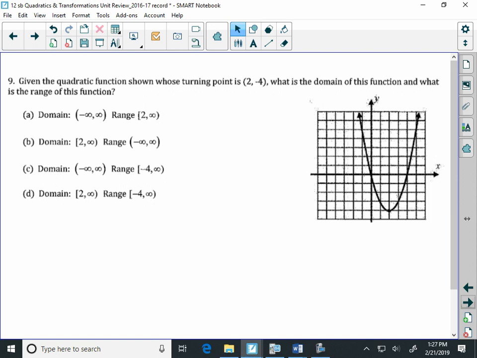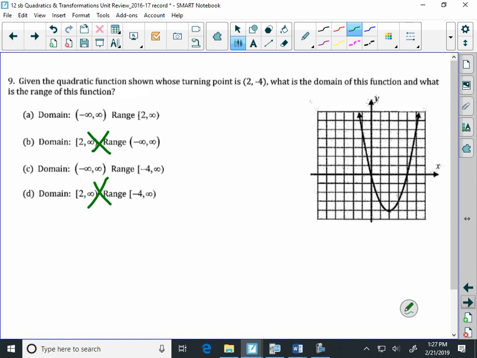Number 9. Given the quadratic function shown whose turning point is (2, -4), what is the domain of this function and what is the range of this function? And right away, you should be able to eliminate 2 answers. Because what we know about the domain of this function is that it's always negative infinity to positive infinity. It's not this, it's not that one.